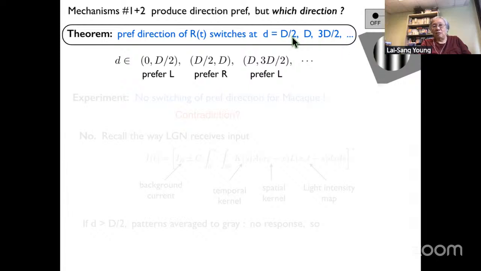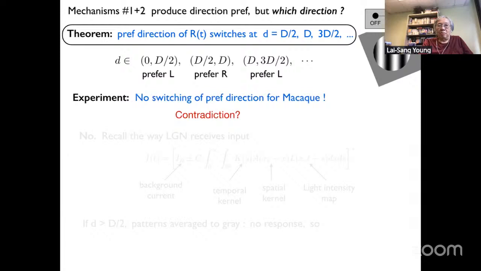So for different gratings, it would switch signs. So when little d is in this region, for this arrangement, it prefers the left, according to the theorem, and from d over 2 to d prefers the right, from d to 3d over 2 prefers left, and so on. It just keeps switching back and forth.